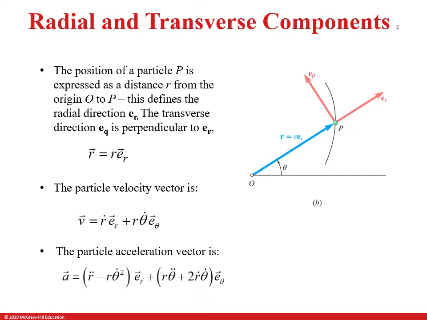So here we have radial and transverse components on a free body diagram. You can see it looks almost the same. If you were going to switch this to tangential and normal directions, just to quickly do that, and then I'll get into what this is, this would be tangential and this would be normal, E sub t and E sub n.